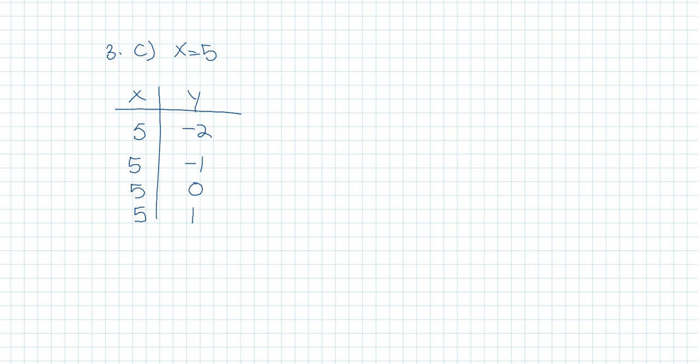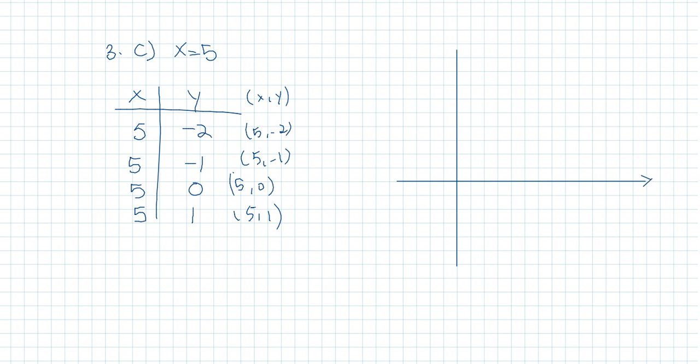So if I come to graph this, my points are going to be (5, negative 2), (5, negative 1), (5, 0), (5, 1). So if I want to graph this, here's where my 5 is on the x-axis.